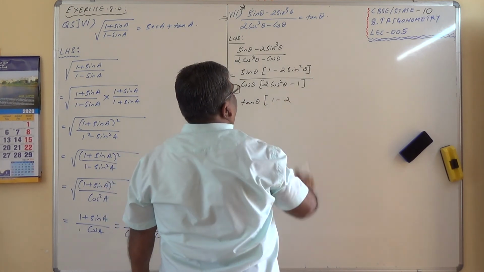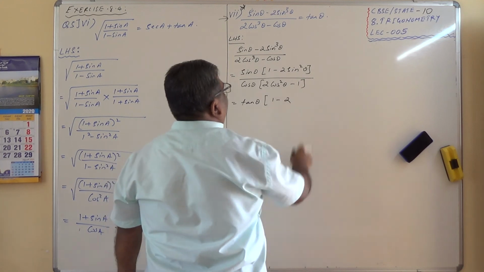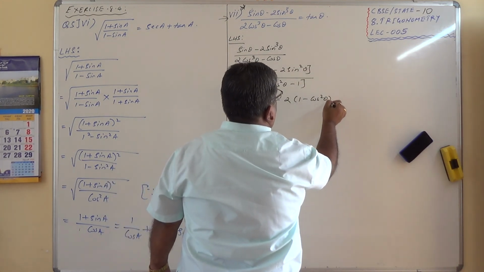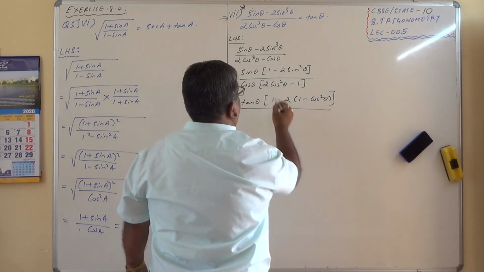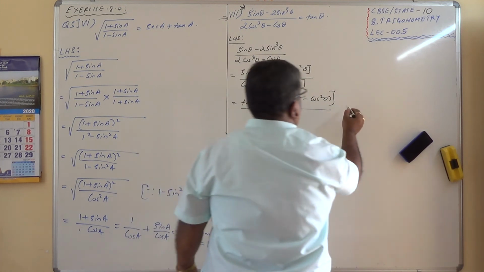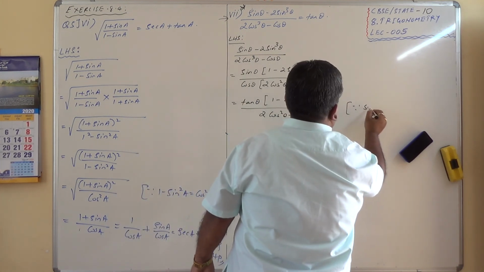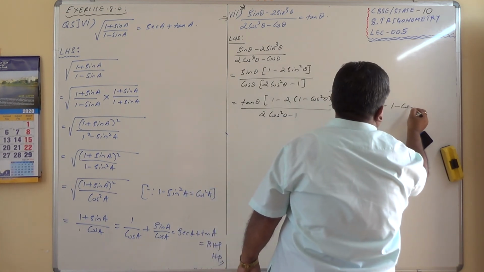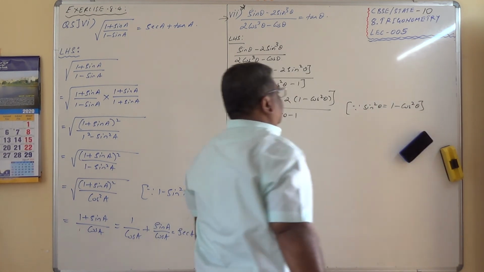Here 2 sin square theta I can write as 1 minus cos square theta, the whole divided by 2 cos square theta minus 1. Reason: sin square theta equals 1 minus cos square theta.